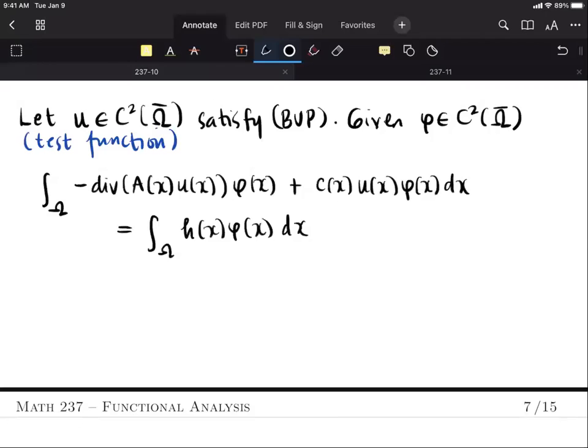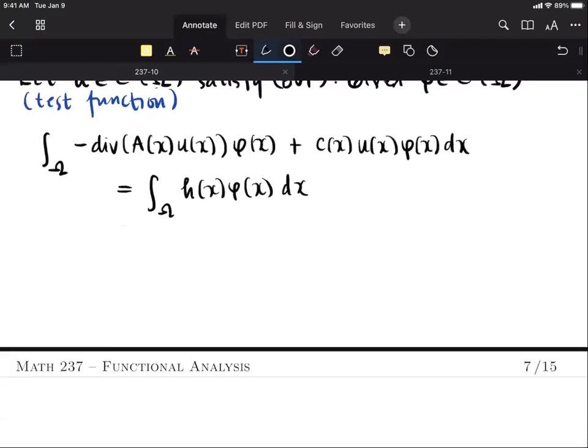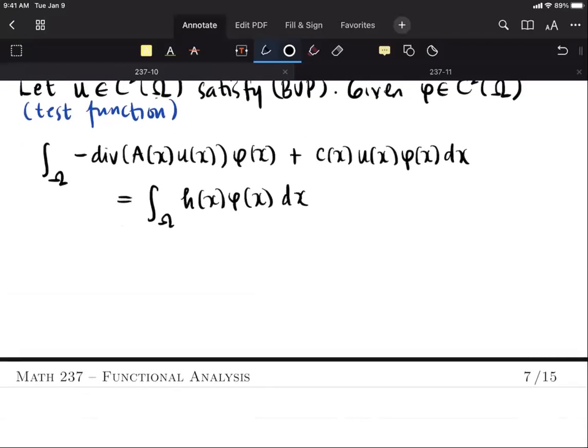So this process is similar to our motivation in the definition of weak derivatives. Okay, so for the first term, we apply the divergence theorem.